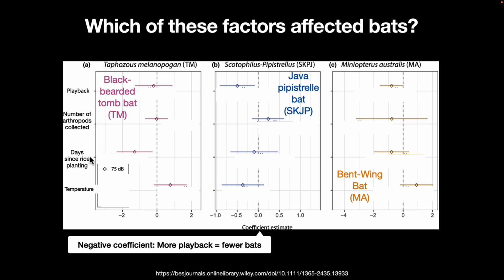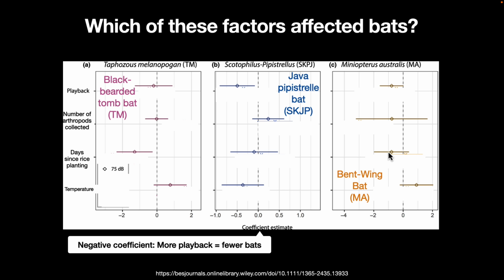So that means that the farther you get from rice planting, the fewer bats are around, at least of the black-bearded tomb bats. That does not seem to be true so much for, say, the Java pipistrelle, where the diamond's very close to 0. And the bentwing bat maybe has the same trend as the black-bearded tomb bat, but it overlaps with 0, so it could be unimportant.